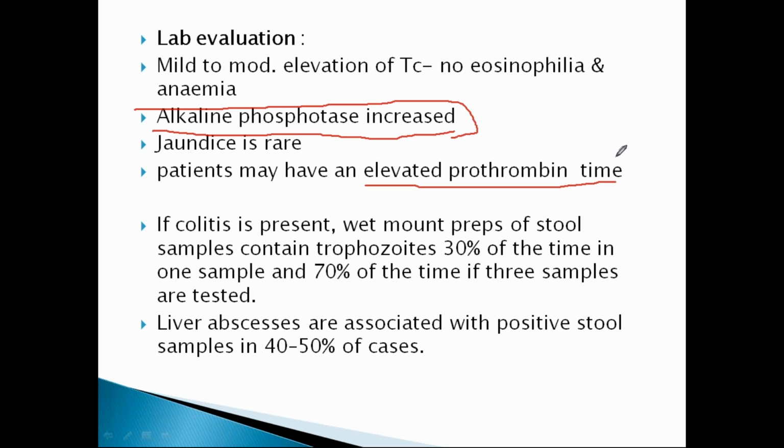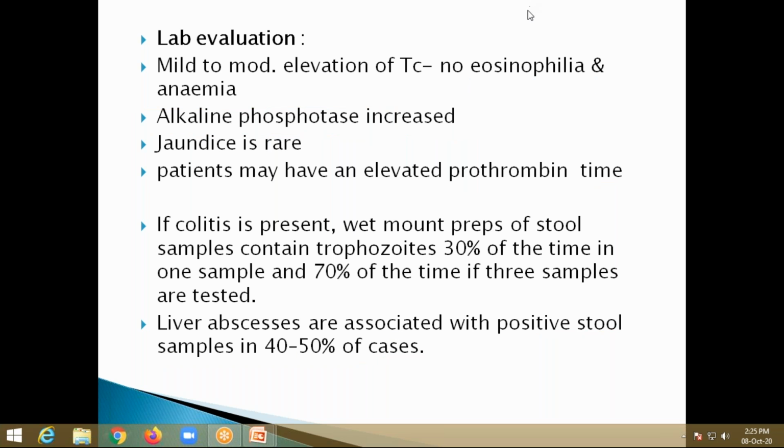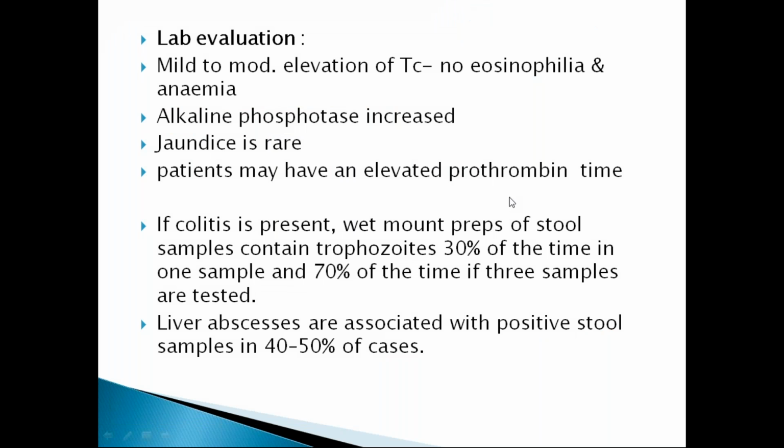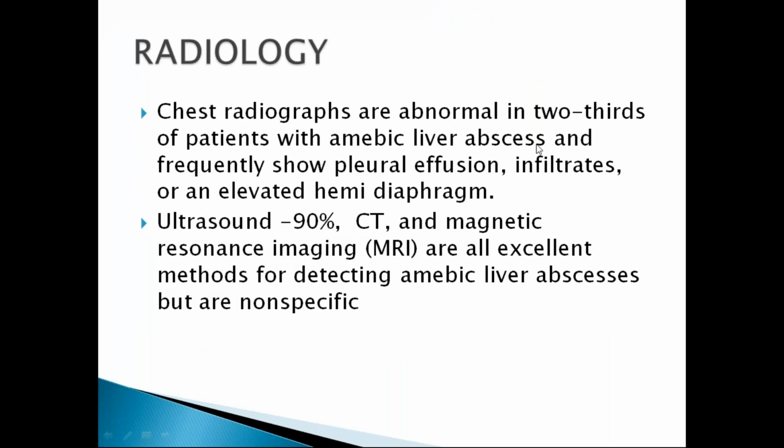Liver abscess is associated with positive stool samples in only 40 to 50%, not many. So radiology, the best investigation is CT, but the most commonly done is ultrasound of abdomen.